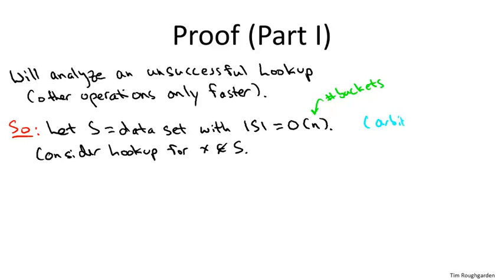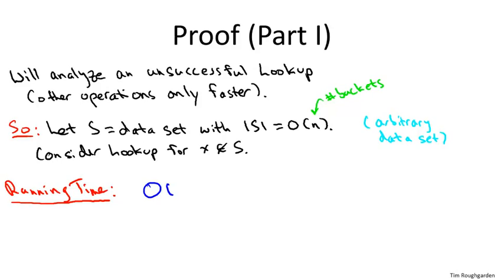So conceptually, doing a lookup in a hash table with chaining is a very simple thing. You just hash to the appropriate bucket, and then you scan through the linked list in that bucket. So conceptually, it's very easy to write down what the running time of this unsuccessful lookup is. It's got two parts. The first thing you do is evaluate the hash function to figure out the right bucket. And again, remember, we're assuming that we have a simple enough hash function that this takes constant time.